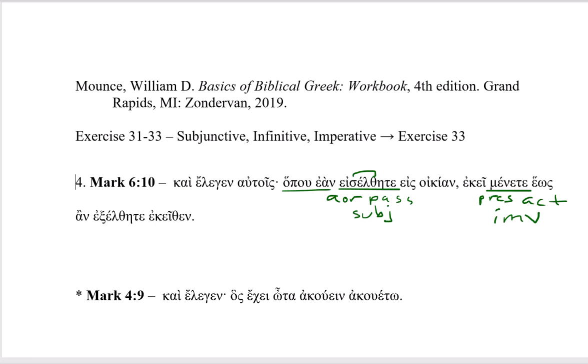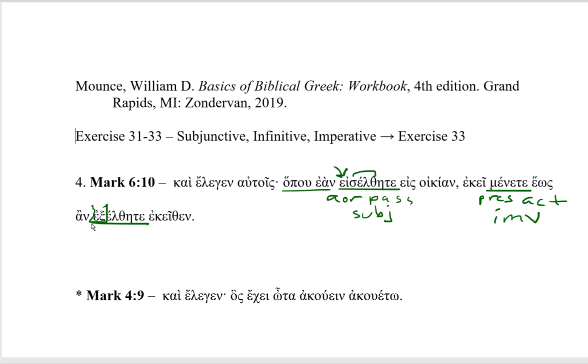So abide there, ekei, heos, until, heos an, until, and then an is kind of a particle, maybe for emphasis, until, and then we have exelthete. That's very similar to the verb we saw before, which was eiselthete. This is just exelthete, you go out.